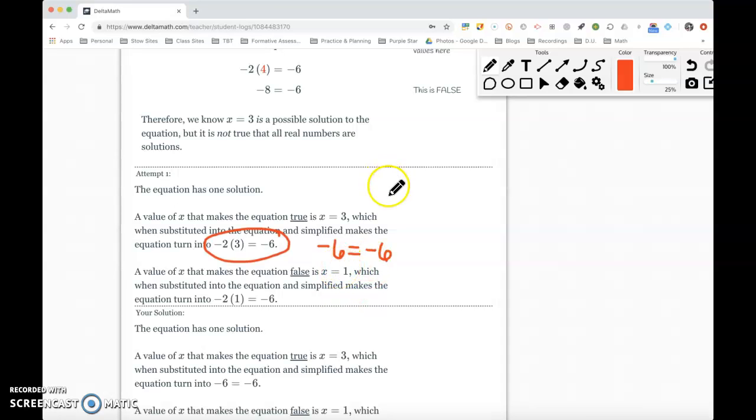The really cool thing is that down here, if you said x equals 1 would make it a false statement, the computer will know that you will get a false statement of -2 equals -6. The computer will know what that answer should be just based off of what you're telling it the input is.